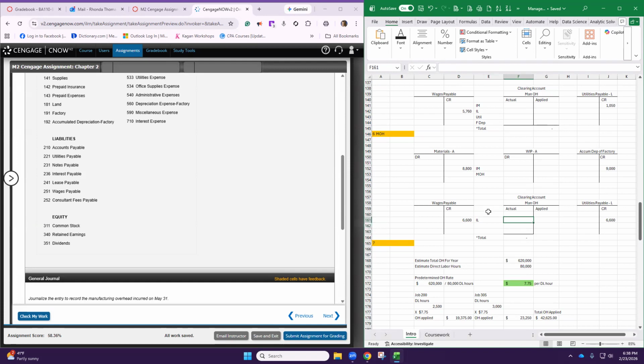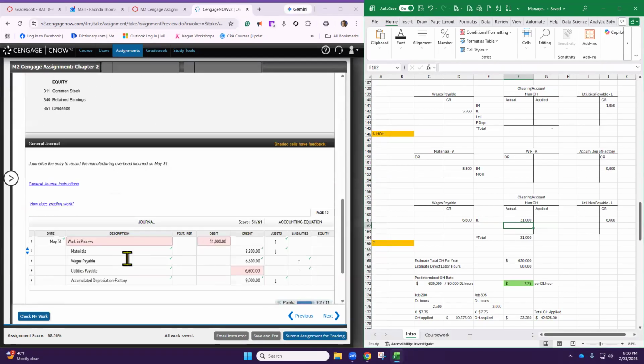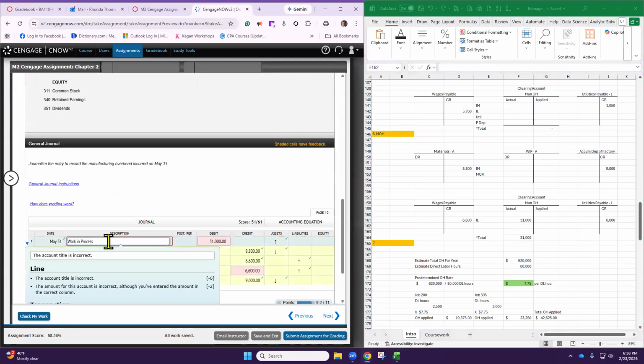Okay, manufacturing overhead should be right, should be the same. I just debited to work in process, but I meant manufacturing overhead.